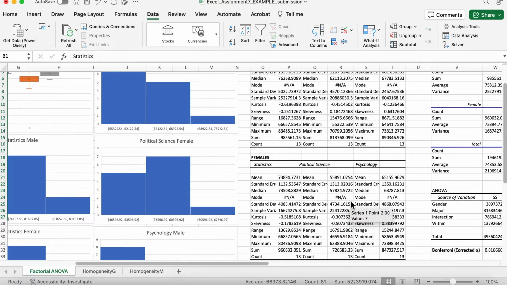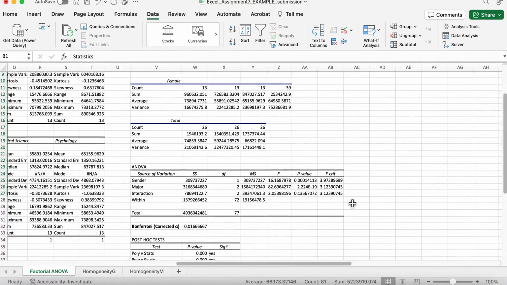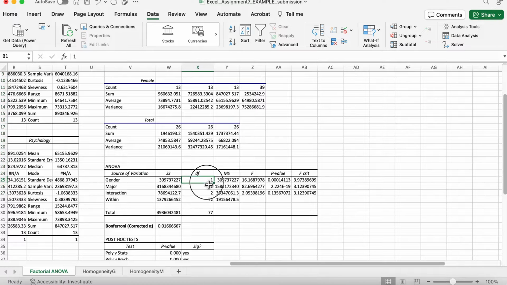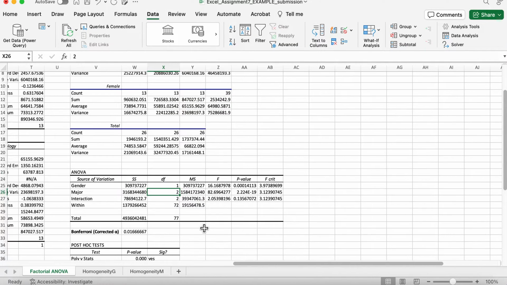So you just have to pay attention, and you can also tell by the degrees of freedom. The number of groups minus 1 is your degrees of freedom, and gender has 2 groups, so this one is definitely going to be gender. And then you have major, which is 3 groups minus 1, so your degrees of freedom there is going to be 2.